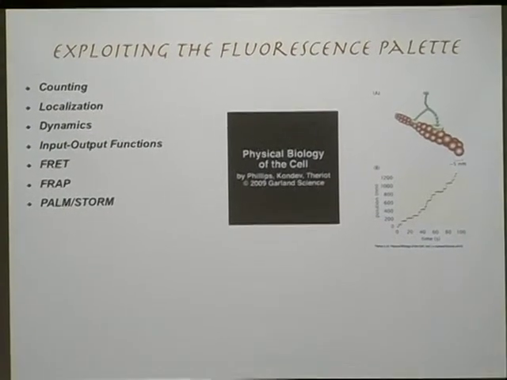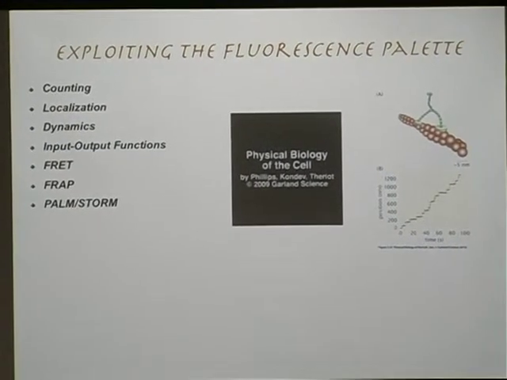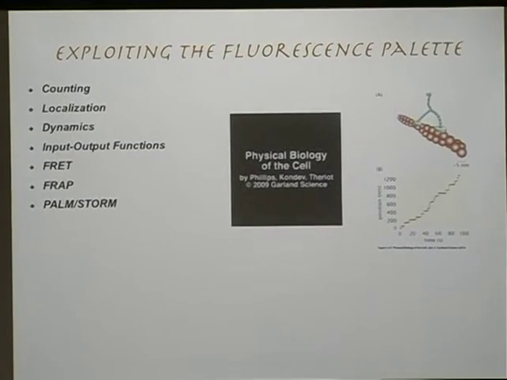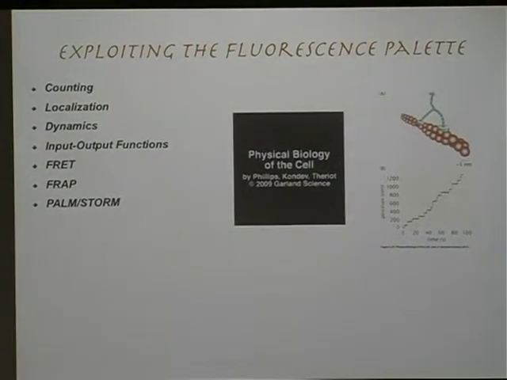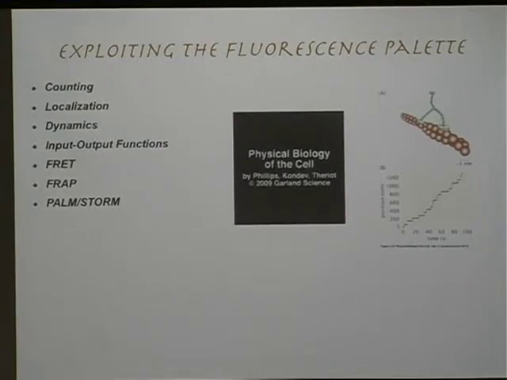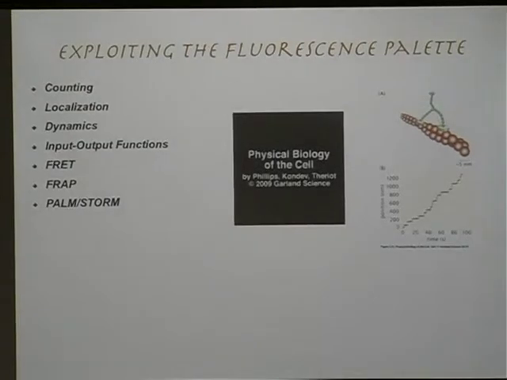So at any rate, what's my point? So my point is that the fluorescence palette has really been an amazing tool for doing all sorts of kinds of precision measurement. I gave you a little tiny bit of a feel, and maybe I also am just trying to advocate for the idea of cleverness. I'm not talking about any cleverness on my part. I'm just saying people are being very clever.